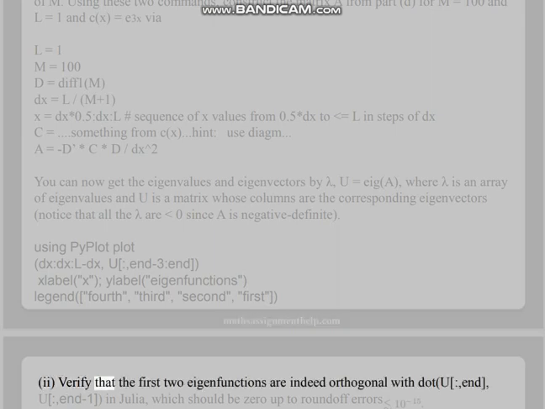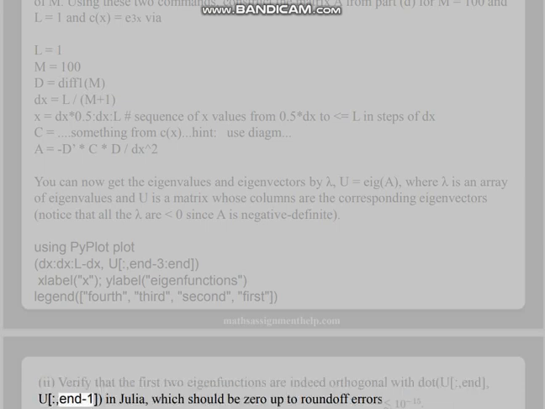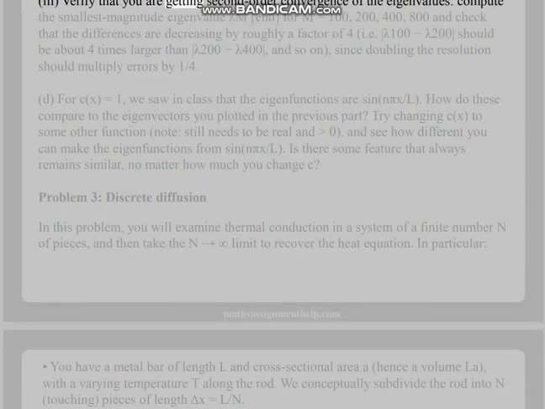2. Verify that the first two eigenfunctions are indeed orthogonal with u[:, end] and u[:, end-1] in Julia, which should be 0 up to round-off errors. 3. Verify that you are getting second-order convergence of the eigenvalues.